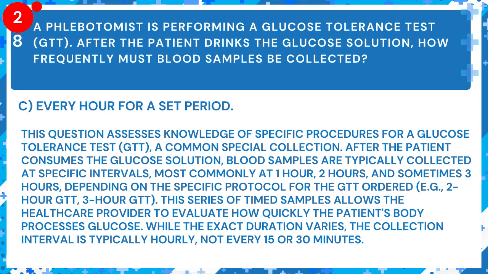This series of timed samples allows the healthcare provider to evaluate how quickly the patient's body processes glucose. While the exact duration varies, the collection interval is typically hourly, not every 15 or 30 minutes.